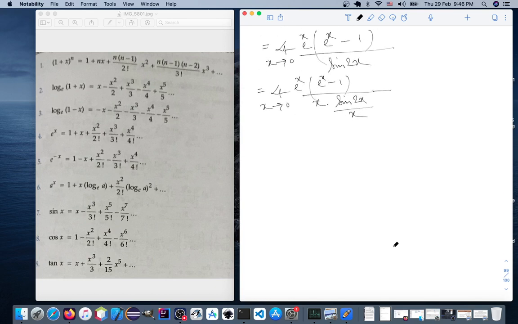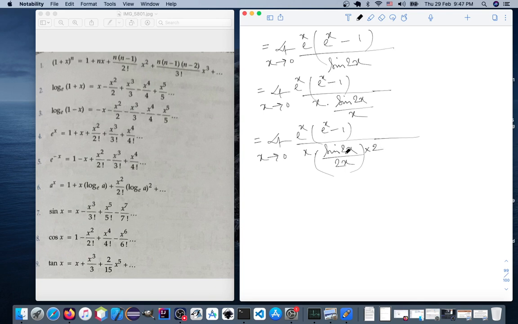Now for sine 2x we need 2x in the denominator, but we have x. So we put sine 2x over here, and then we adjust the 2 like this.